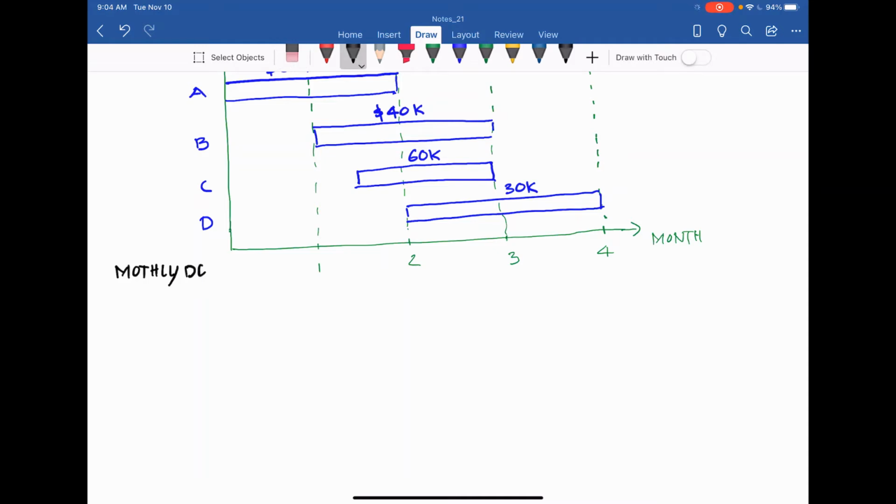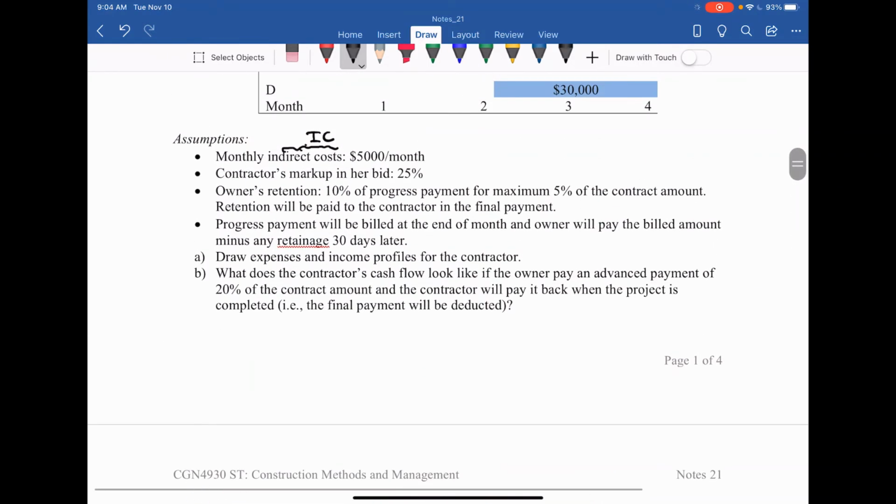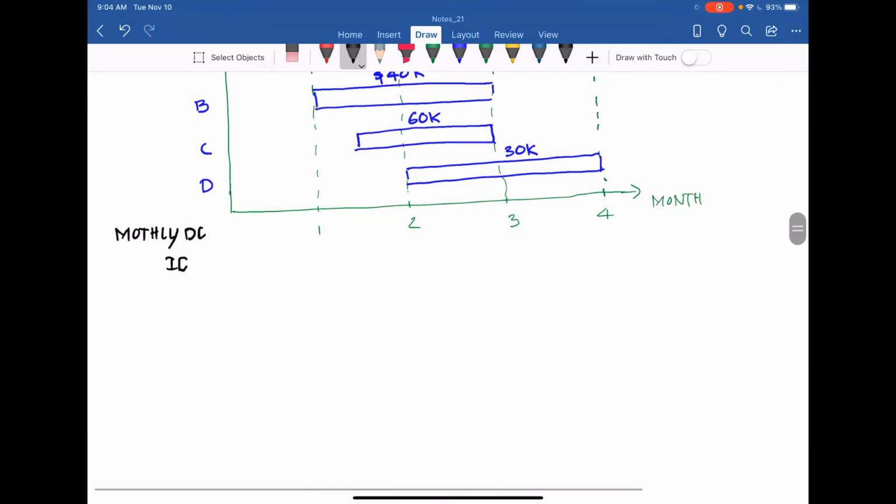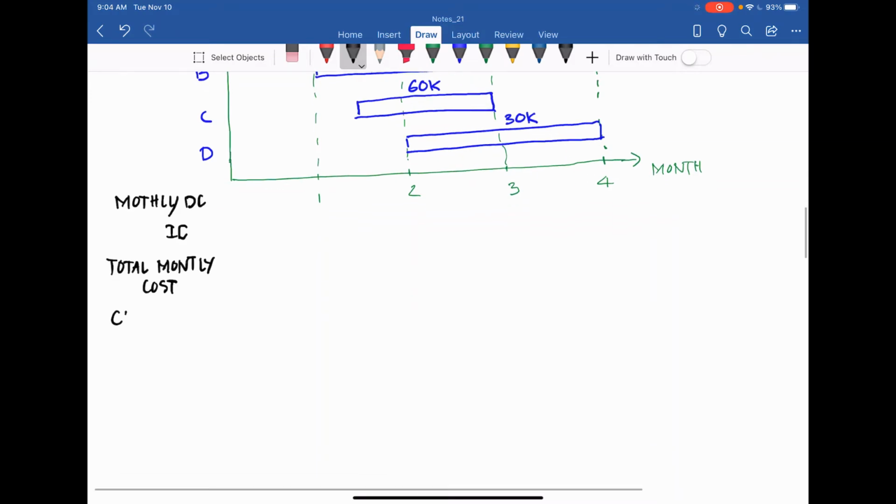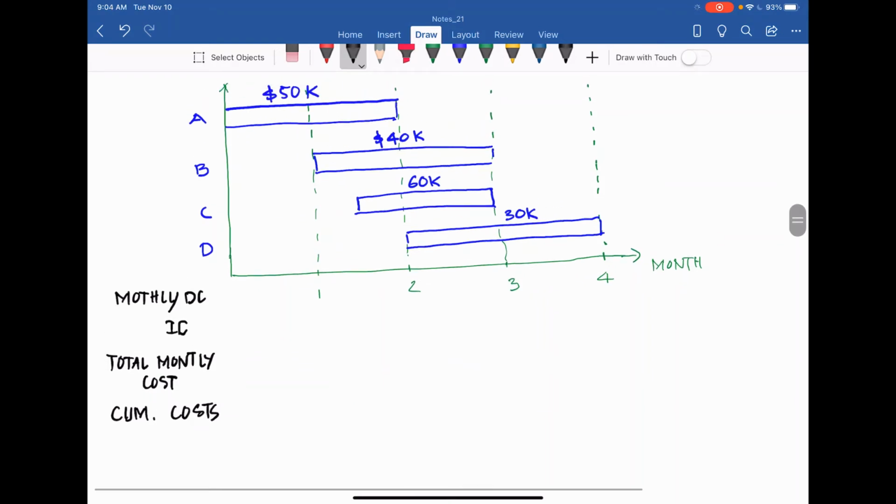And then we have the total monthly cost, and the last one is cumulative cost. Then from that we can determine the cost for each item.